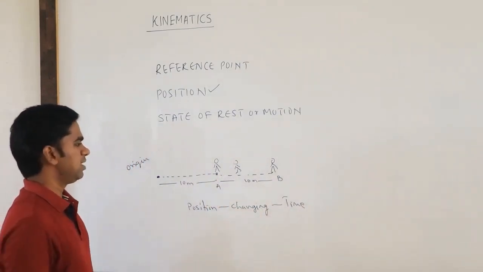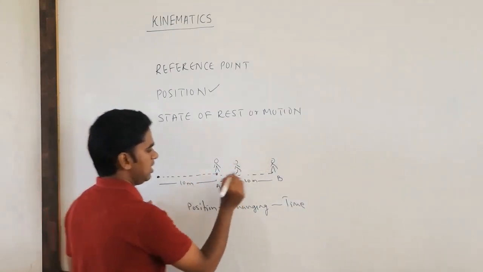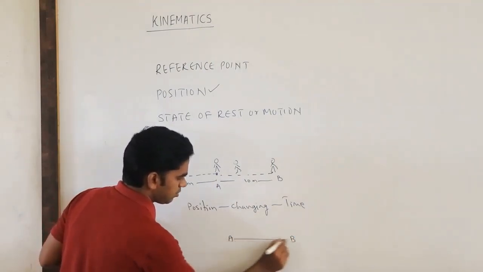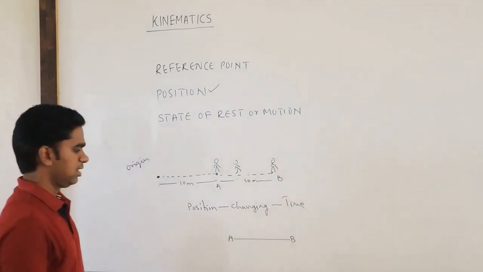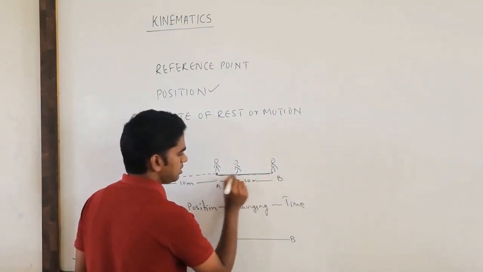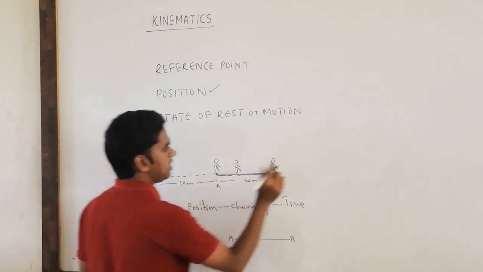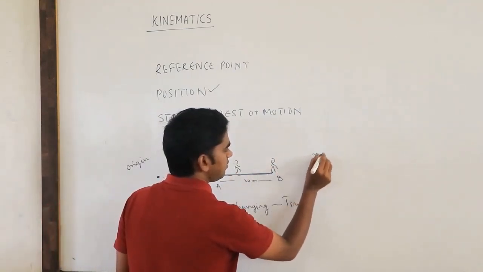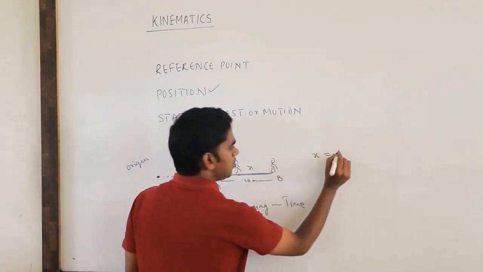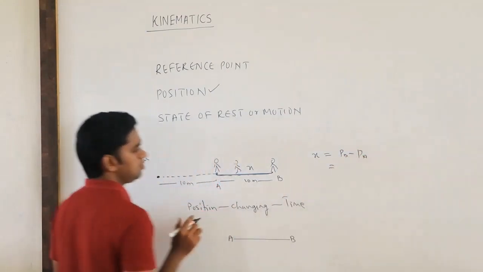Now one more thing will come. If he is in motion, he has many ways. He can come from point A to B directly, from here to here. So what is this distance? How can we get this? If I take this as x, this is nothing but position of B minus position of A. What is the position of B?